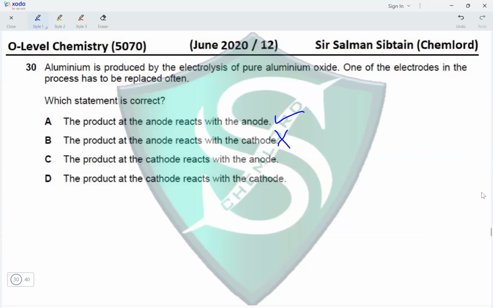No, they are separate. C. The product at the cathode reacts with the anode. No. The product at the cathode is aluminum metal. D. The product at the cathode reacts with the cathode. Aluminum metal does not react with carbon. So, carbon burns away in oxygen producing CO2. This is the reaction that takes place at the anode, in which the anode itself gets used up. So, option A is the correct option for this question.